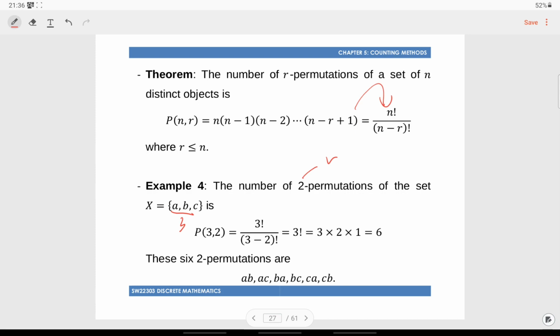Which is equal to 3 factorial because the denominator is 1 factorial, which is equal to 1. So 3 factorial means 3 times 2 times 1, which is equal to 6. So there are 6 2-permutations, which can be listed as follows: AB, AC, BA, BC, CA, and CB.